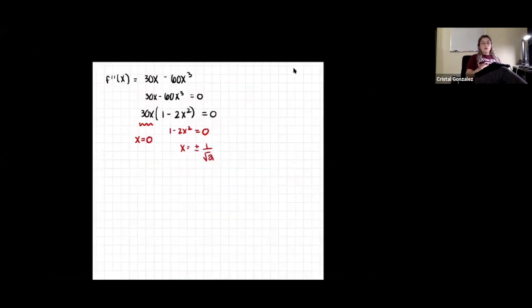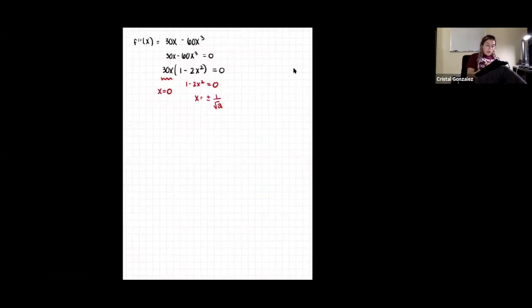So hopefully you got that as well. And now our job is to test these values. So we want to test at 0, 1 over root 2, and negative 1 over root 2. So go ahead and do that and test the points there.